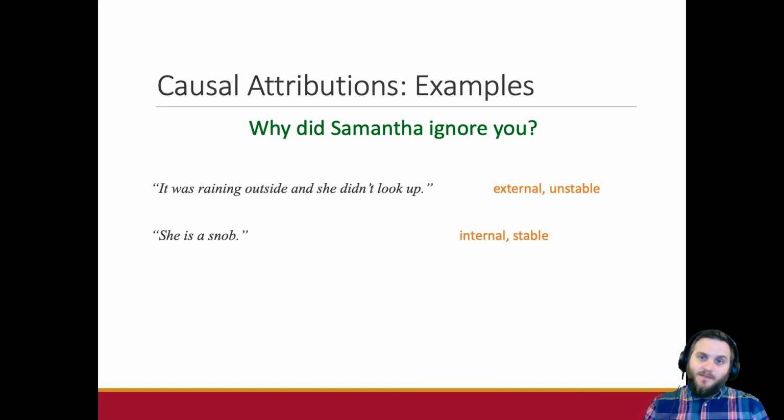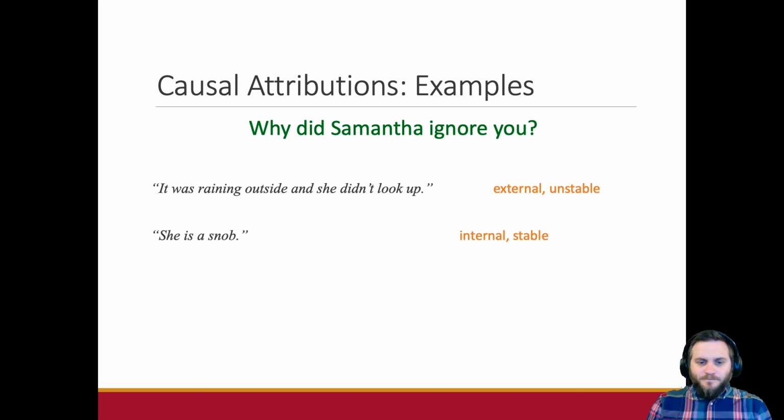Like it or not, it's a personality trait. Not all personality traits are positive. Snob is a personality trait, and it is 100% negative, unless you like snobs for whatever reason. So this would be stable because it's a personality trait. It's something about Samantha and lasts for Samantha. She is snobbish. Okay? So that would be internal and stable.